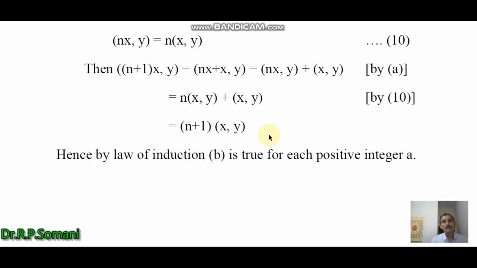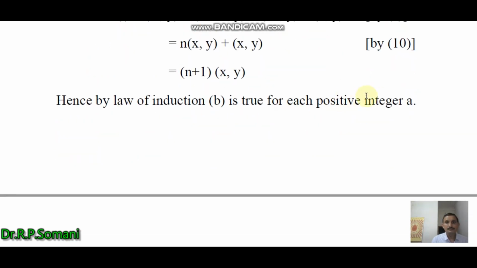Then by mathematical induction, we can say that this result holds for all positive integers, that is ax, y equal to a x, y. So hence by the law of induction, B is true for each positive integer a.